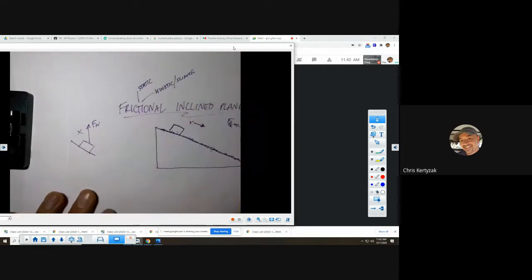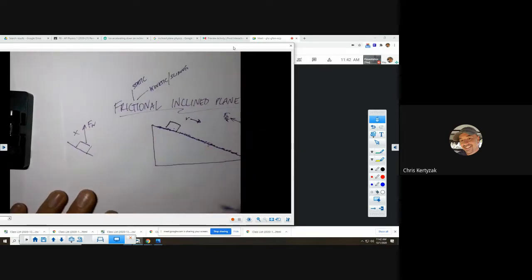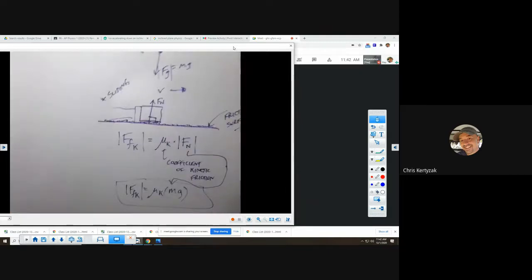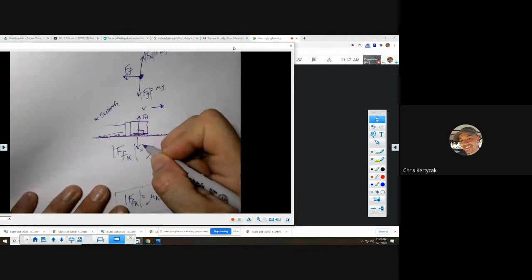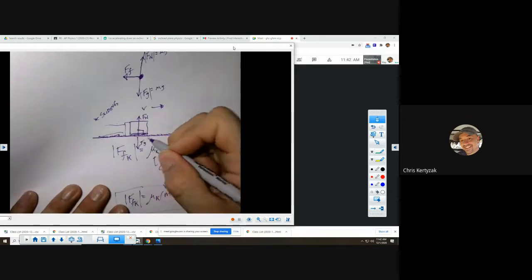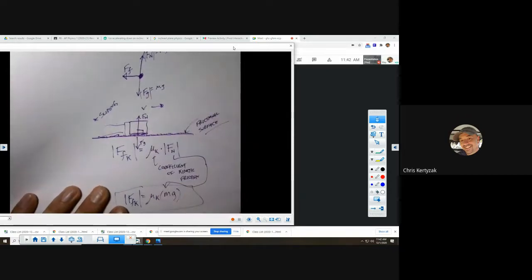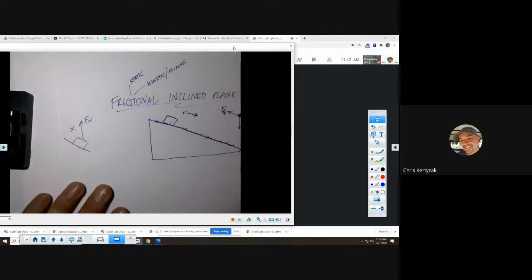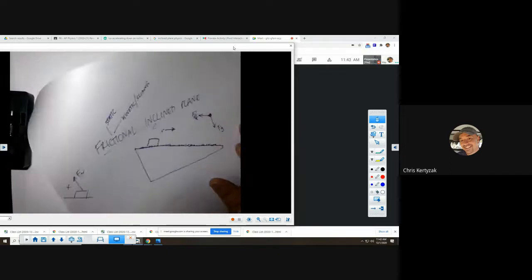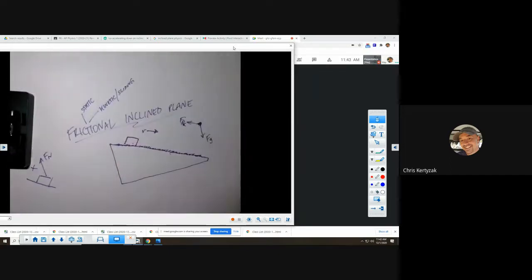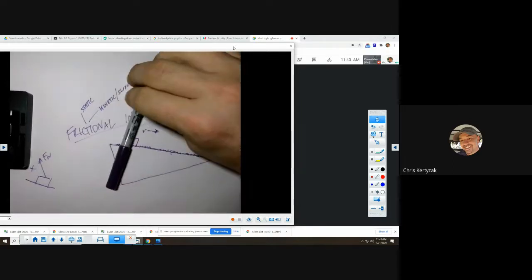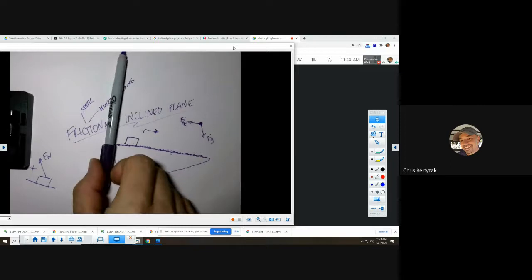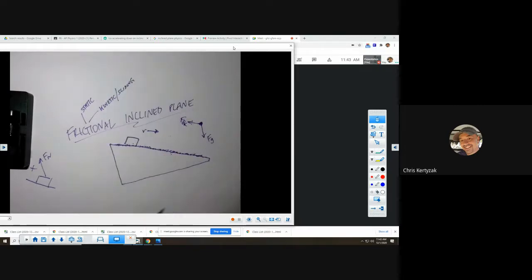Not correct. It's always in response to however hard gravity is pulling down, which is the weight of the block, right? And then it responds with an equal amount of force in the opposite direction. So in this case, perpendicular is going to be in this direction, like this. That's the direction of the normal force, so I would draw it over here like this.